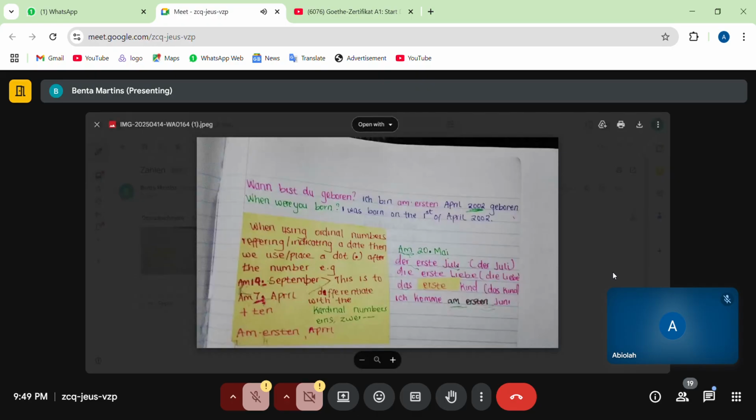In English, when asked when you were born, some of us mention the year, some don't. The geboren goes to the end. So wann bist du geboren?